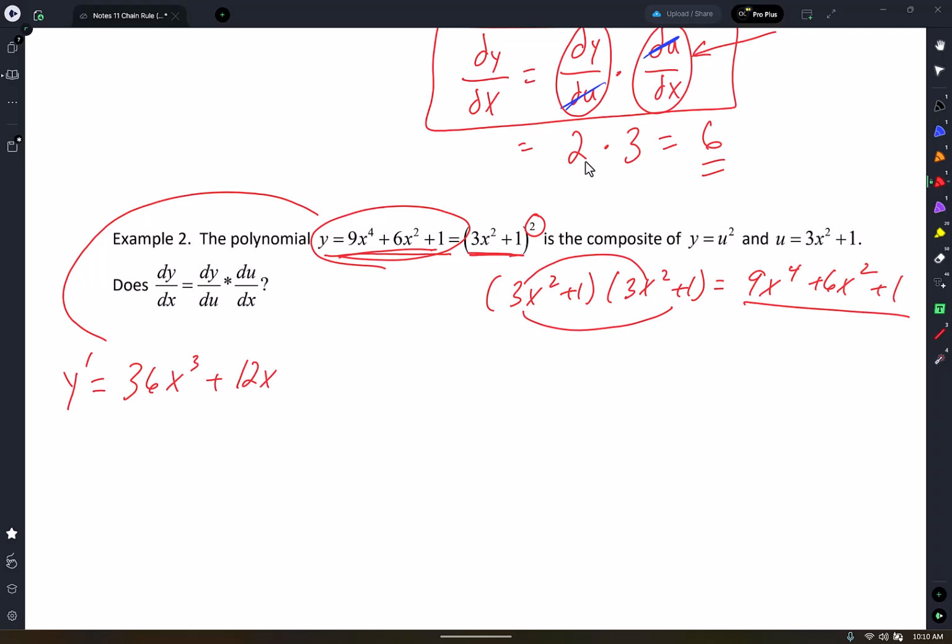All right, so now let's say we do y equals u squared, where u equals 3x squared plus 1. So now I'm taking the derivative of y with respect to u, and the derivative of that is 2u. Are we okay? All right, so now I'm going to take the derivative of du over dx, and the derivative of that is 6x.